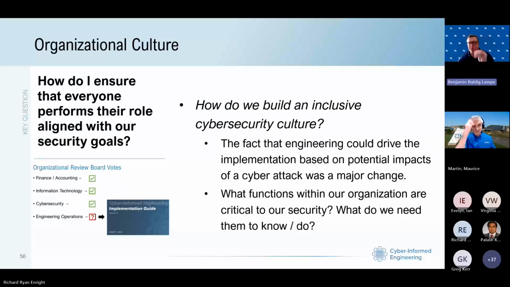But as we walked through each organization and got their buy-in to this, both from a financial, technology, and cybersecurity point of view, it allowed the engineers to have that cyber-informed behavior, to participate in the conversation and further enhance cybersecurity within the organization.